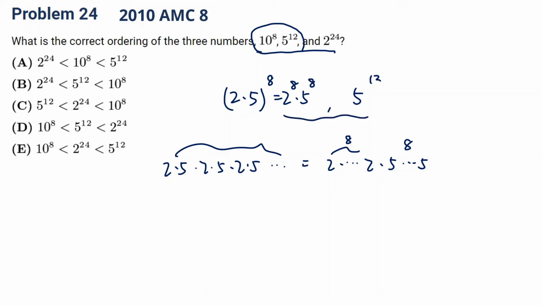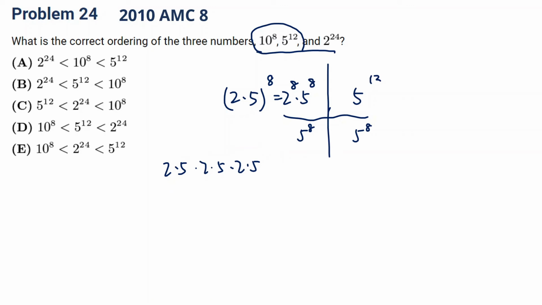And then how to compare these two? I think we can divide 5 power of 8 on both sides. So the first one becomes 2 power of 8. The next one becomes 5 power of 4. How to compare these two?